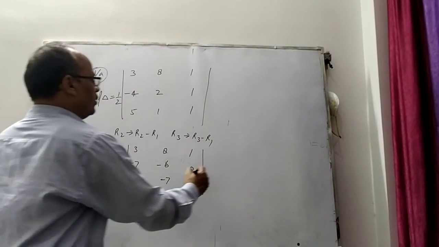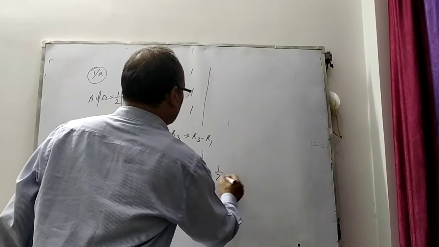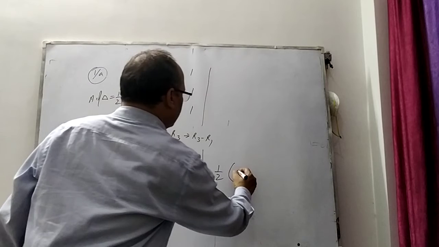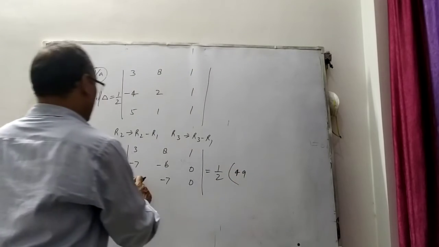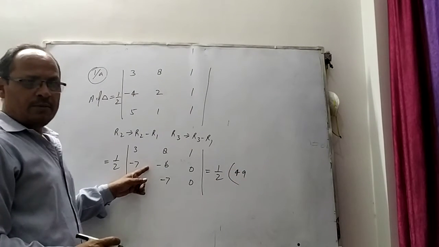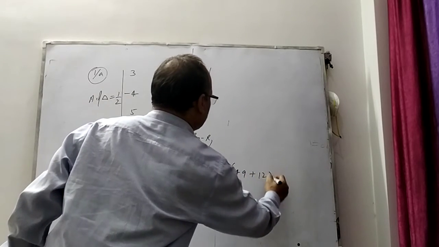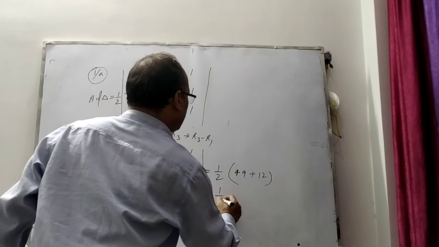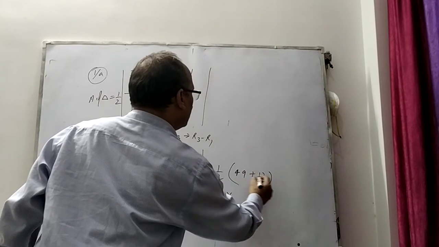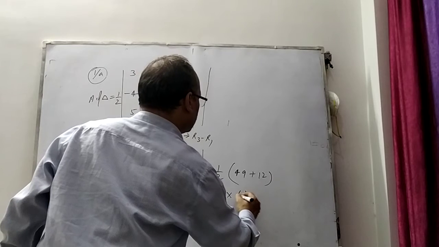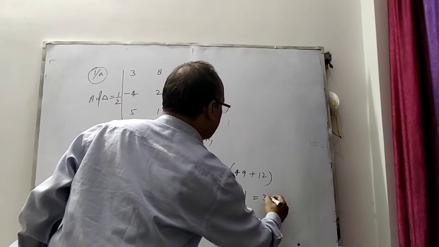You will expand, then you can get the value 1 by 2, this will be 49, or 6 to 12. So minus is already here, minus minus will become the plus 12. So 1 by 2 into 61. So 30.5.